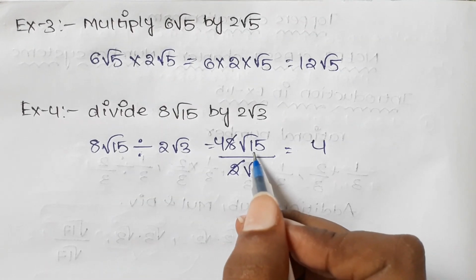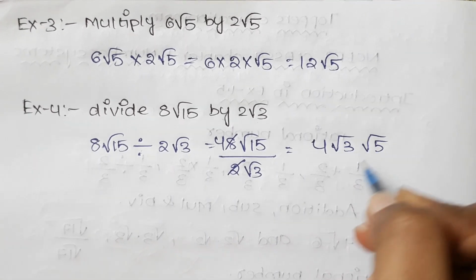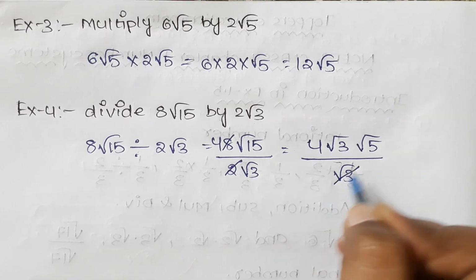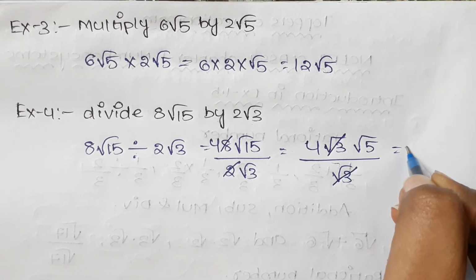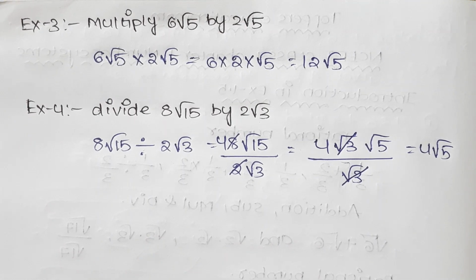Here root 15 can be written as root 3 into root 5, and again the denominator root 3, and these root 3 and root 3 cancel, and finally 4 root 5 is the answer.